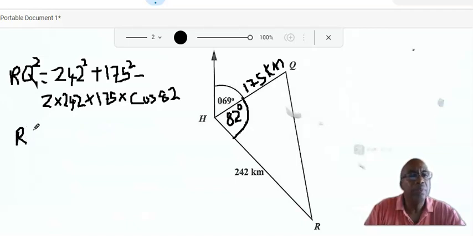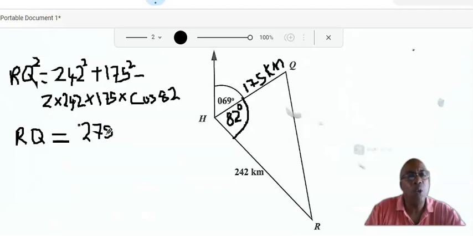RQ equals 278 kilometers to the nearest kilometer.